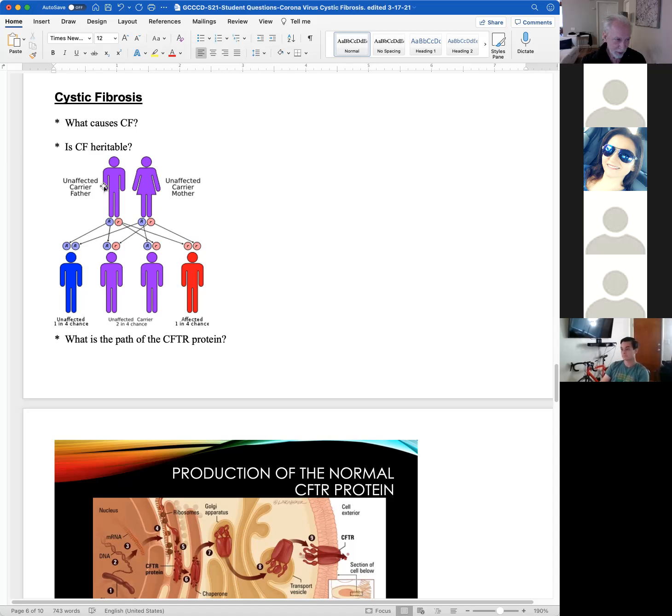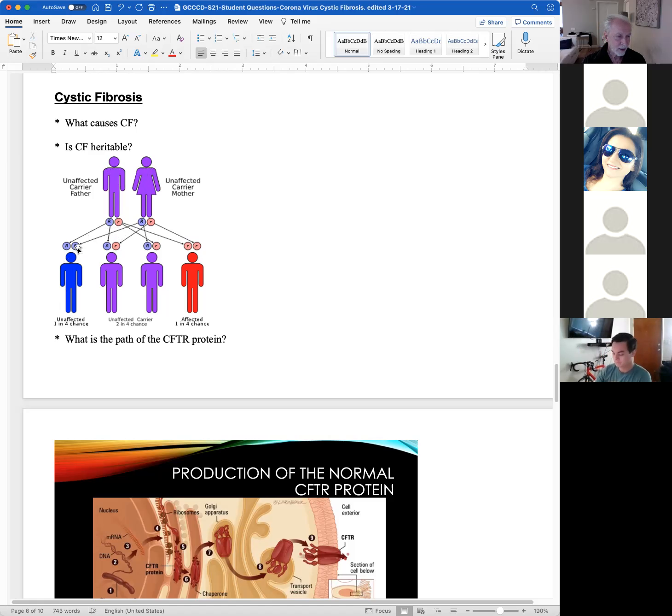If you have two parents, and one carries a mutation for cystic fibrosis on one chromosome, but not the other, and the other parent is the same, then during meiosis, you get this random assortment whereby 25% of the children will be unaffected.